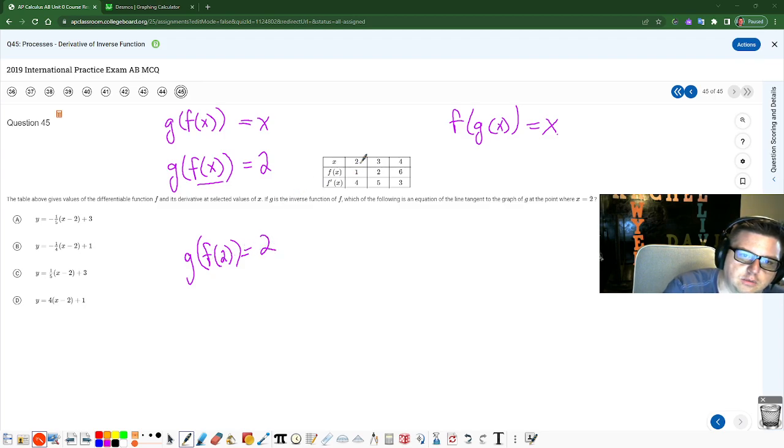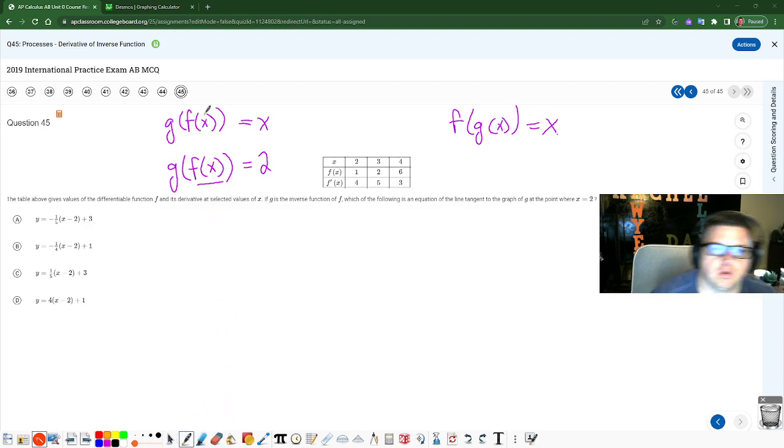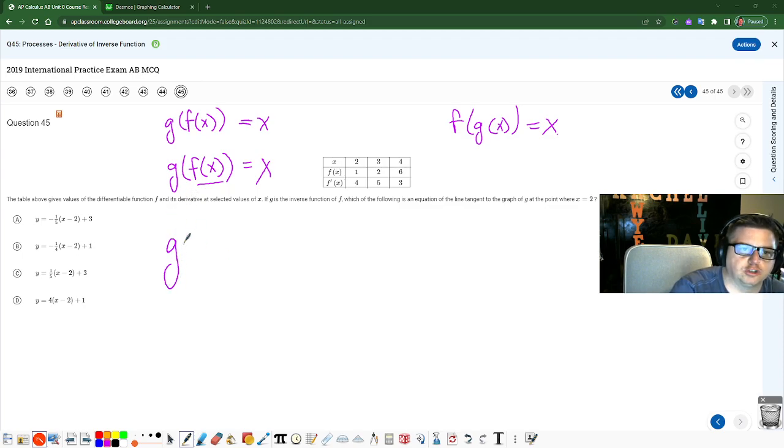And when x equals 2, no, what am I doing? Okay, hold on, now I'm screwing this up myself. So I want g, and I want this to be a 2. And I need to know the x value that gives me that this is a 2. So what I need is f of x to be equal to that 2, because that's what I'm looking for.